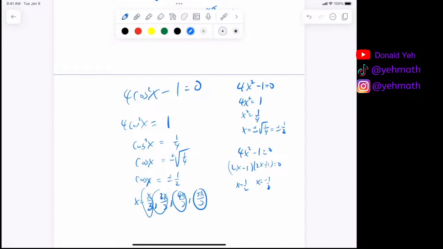right? Plus minus. Square root both sides, plus minus. Cube root both sides, positive.